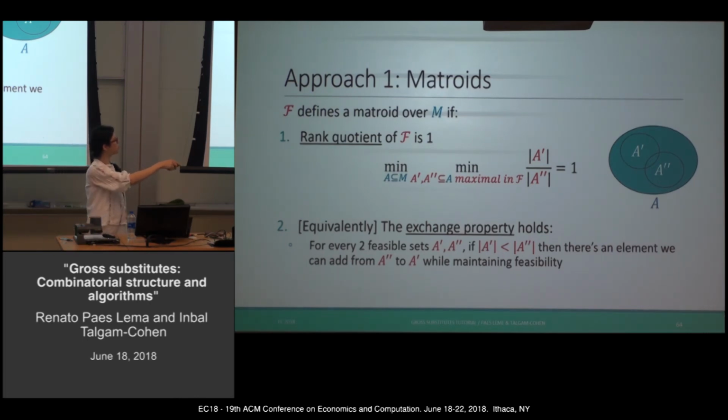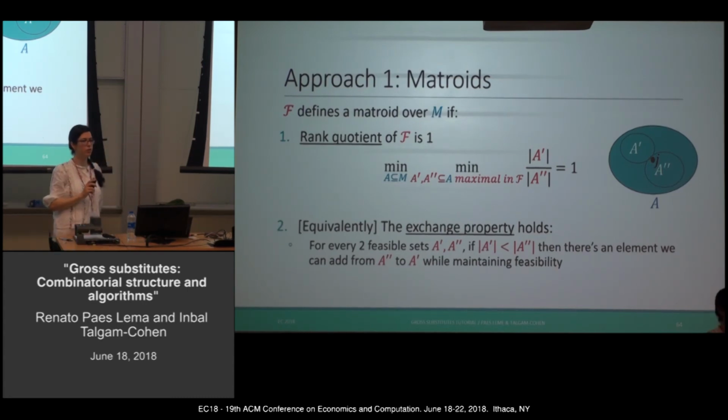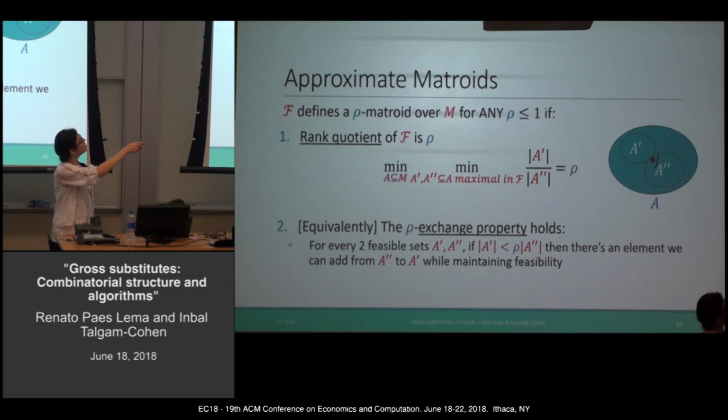And the second characterization is the exchange property. So if you have one feasible set that's larger and one that is smaller, there's some item j that I can add to the smaller one, and everything will stay feasible. And now I'm going to show you on the next slide how this changes when I define an approximate matroid. So let rho be the approximation parameter.